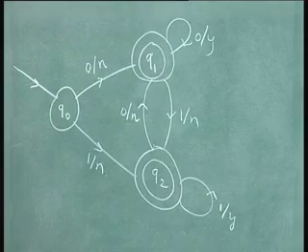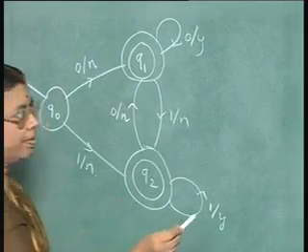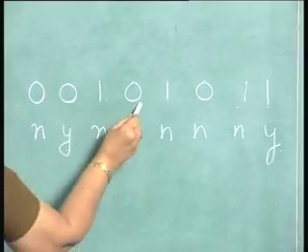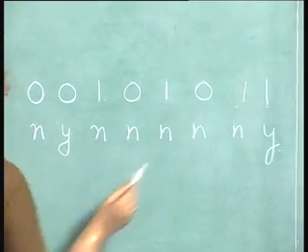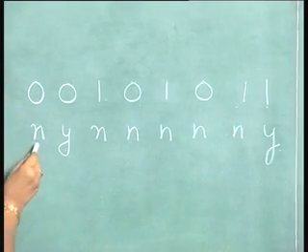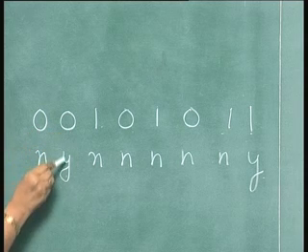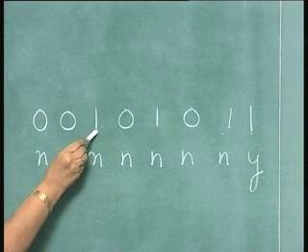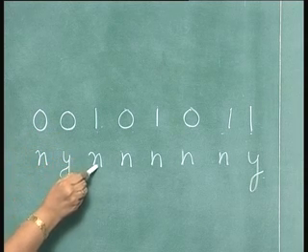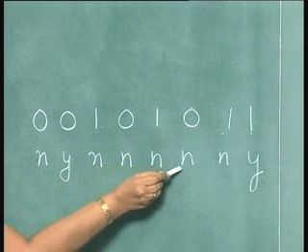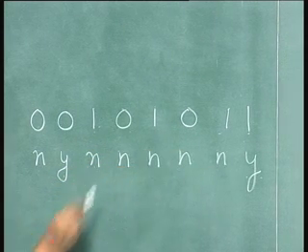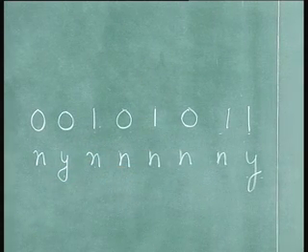Look at this automaton and consider the string say 0 0 1 0 1 0 1 1, and the output will be 0 no, 0 0 yes, then again a 1 no no no no no yes. The output sequence will be like this.